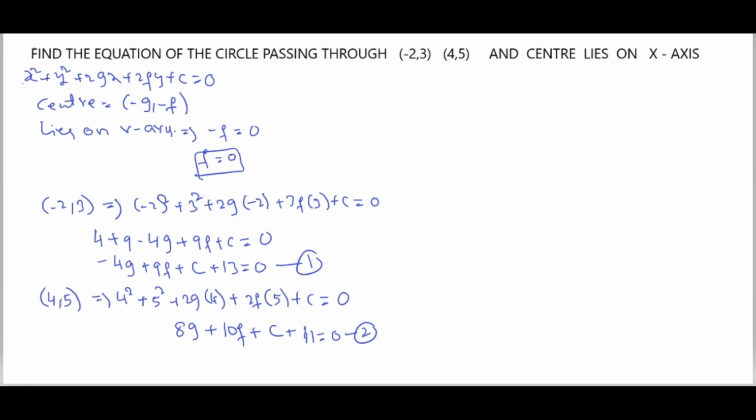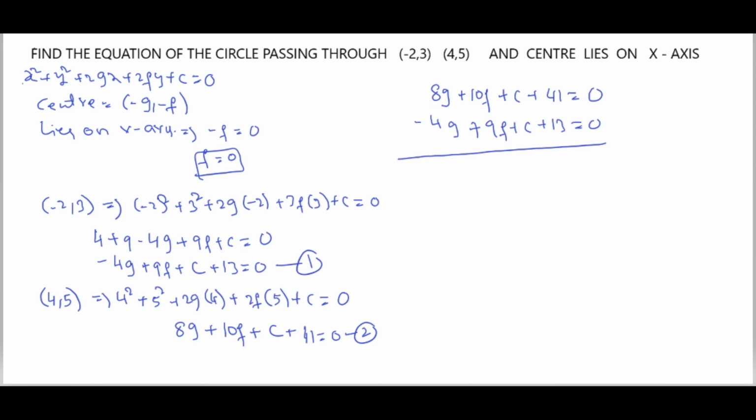Subtracting the first equation from the second equation. The second equation is 8g plus 10f plus c plus 41 is equal to 0, and the first equation is -4g plus 9f plus c plus 13 is equal to 0.